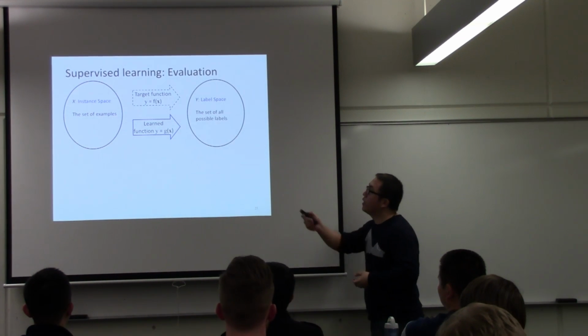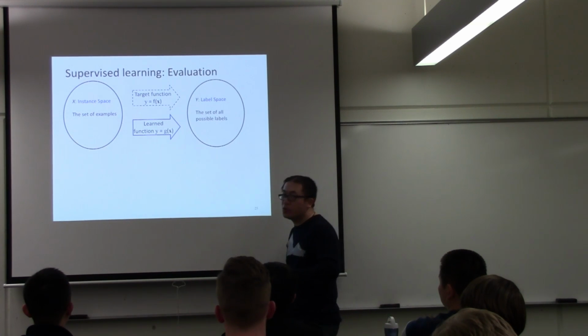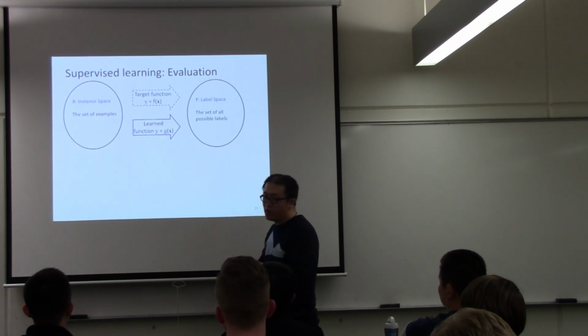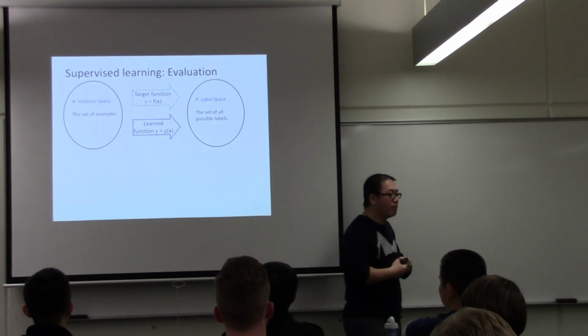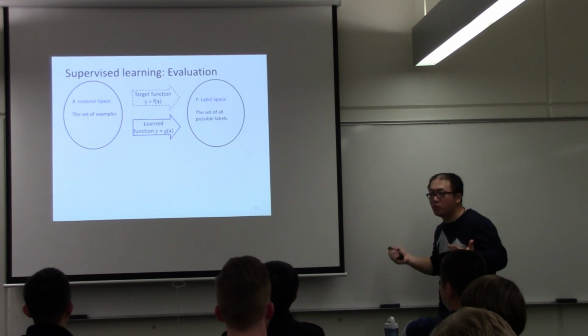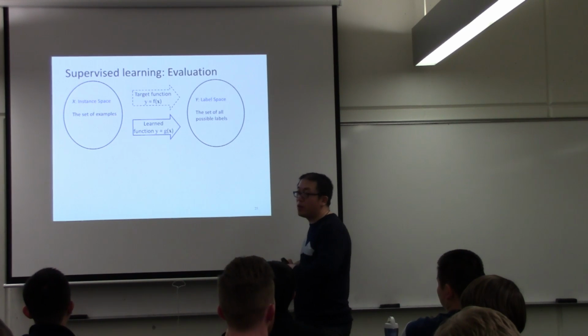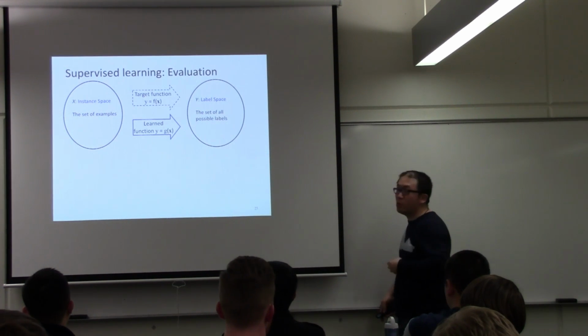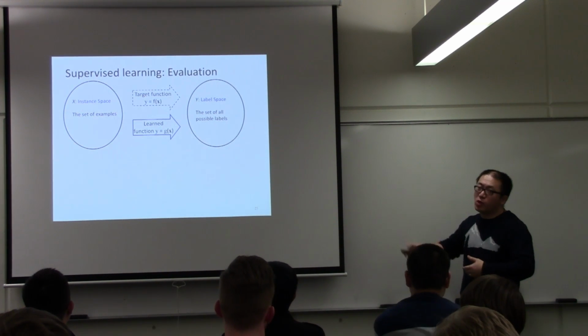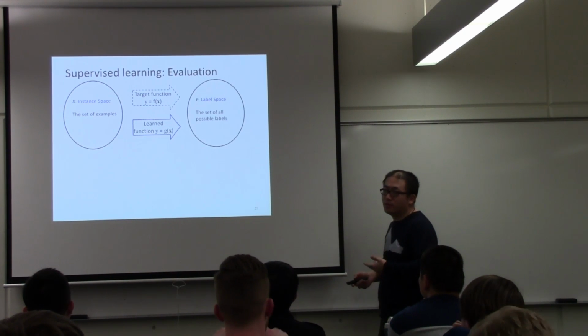Ideally, if we know the target function, I mean the ground truth, we can directly compare whether the two functions are the same. But unfortunately, this is not doable in most cases, except if you are designing some toy problem. Then what should we evaluate? What should we examine? The labels.